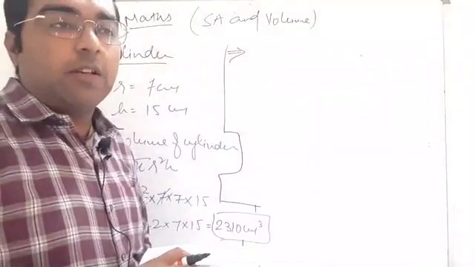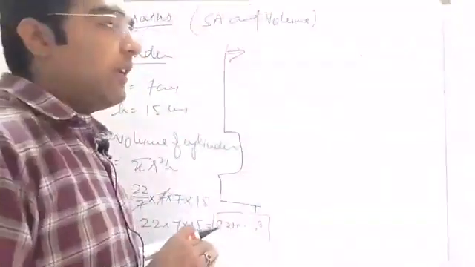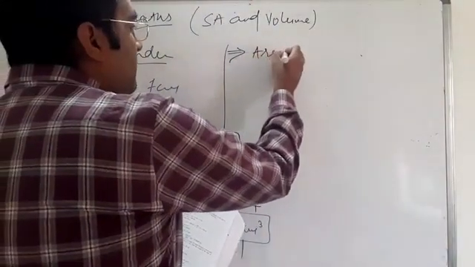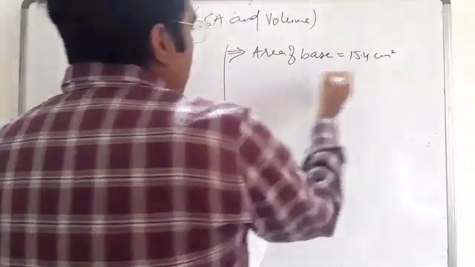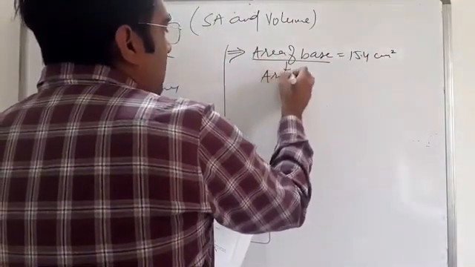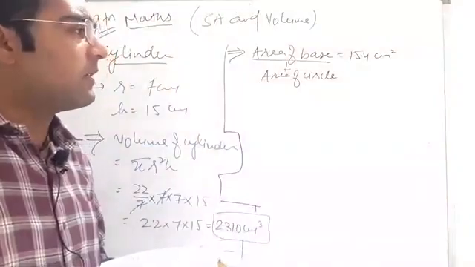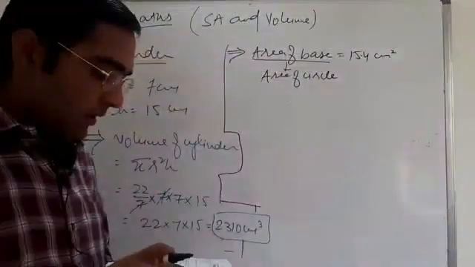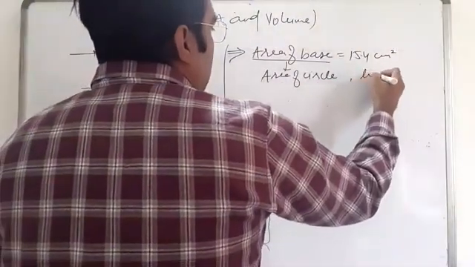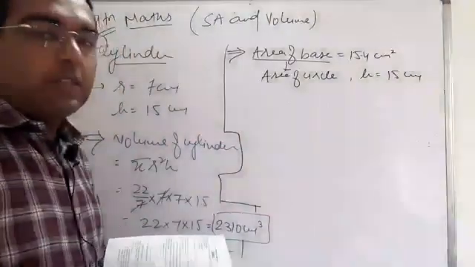We take the area of the base as the area of a circle, because a cylinder always has circular bases. The height is also given, 15 centimeter. Find the volume of the cylinder.